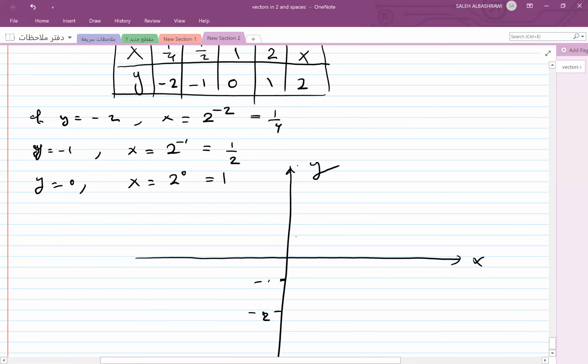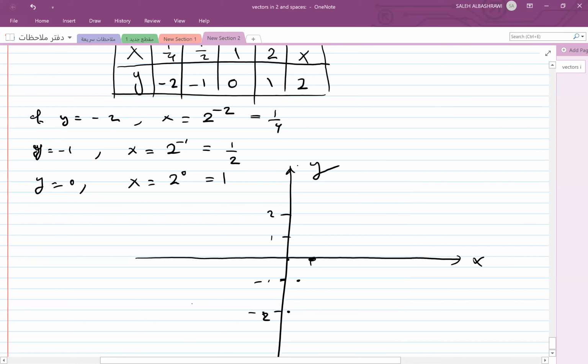Y is -2 and 0 we have. Then we have 1 and 2. X start with 1/4 and -2 to this point. Second one is 1/2 and -1. Third one is 1 and 0.